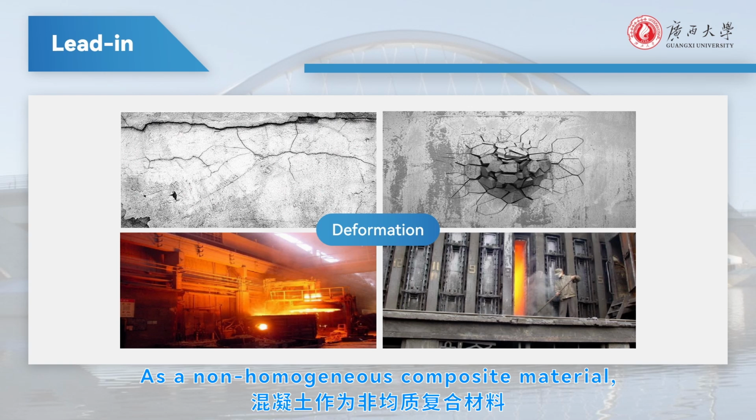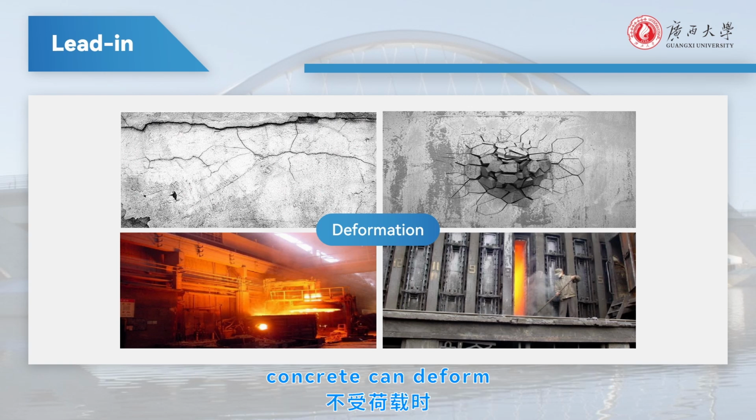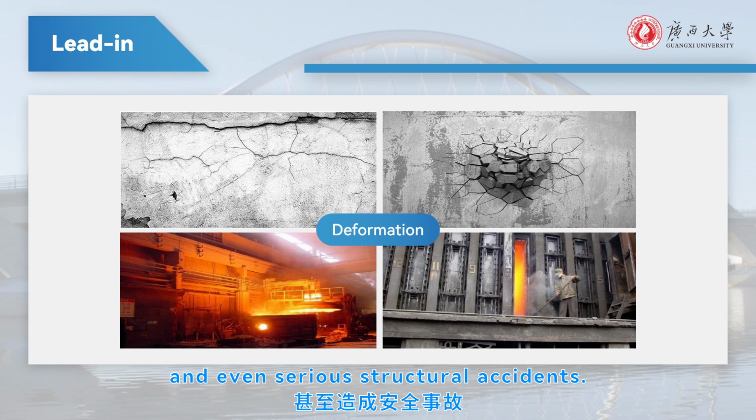As a non-homogeneous composite material, concrete can deform even without external loads due to changes in temperature, moisture, and self-hardening. Under loading, it also exhibits elastic deformation, plastic deformation, and long-term creep deformation. If deformation is not properly controlled, it can lead to cracking, reduced load-bearing capacity, and even serious structural accidents.